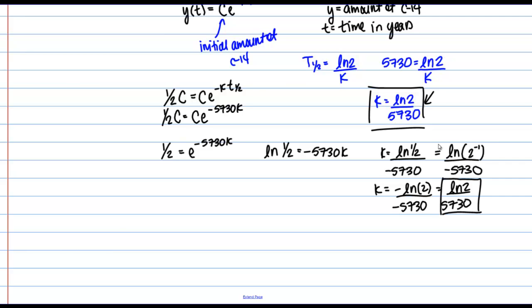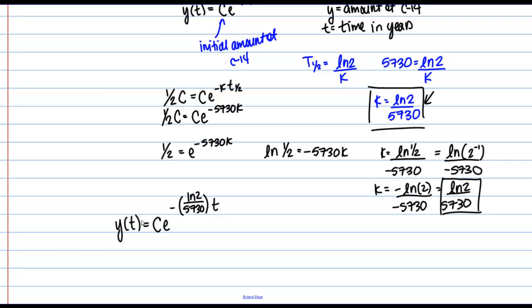So let's plug that value of k into our formula. Now we have y(t) equals Ce to the negative natural log of 2 over 5,730 times t. So what happens if I plug in some value of t?